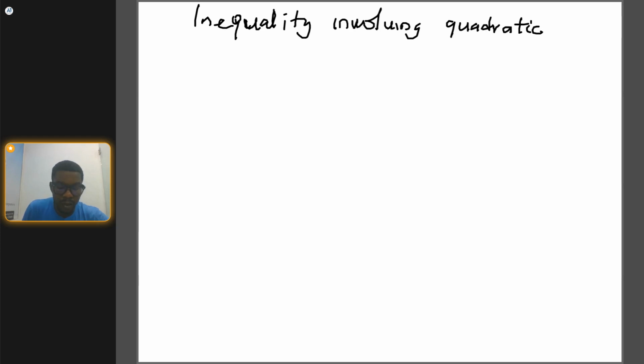Inequality involving quadratic expression.